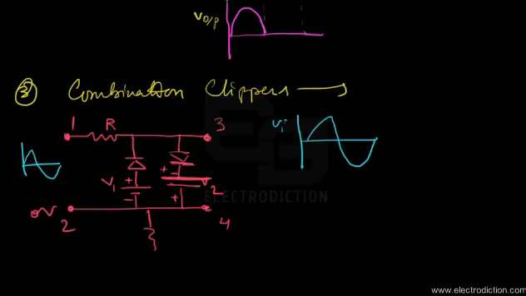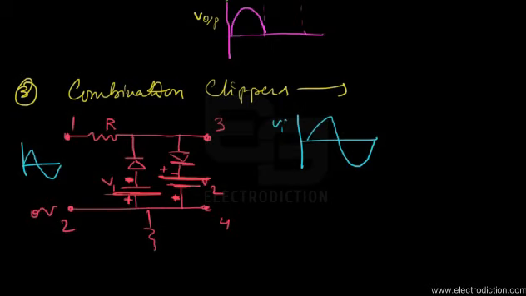This is positive and this is negative, and this should be negative and this one positive. Yeah, that looks better. So here are the cells connected across, with the diode this way.